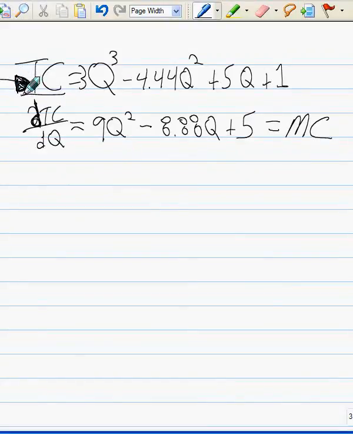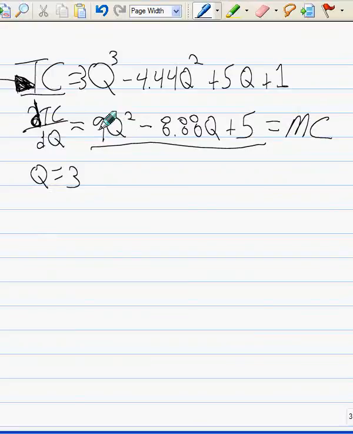And sometimes we don't emphasize this idea enough in economics classes. So for example, if I wanted to know the marginal cost of producing the third unit of output, we'd plug 3 into this function. So plug in 3, Q equals 3.